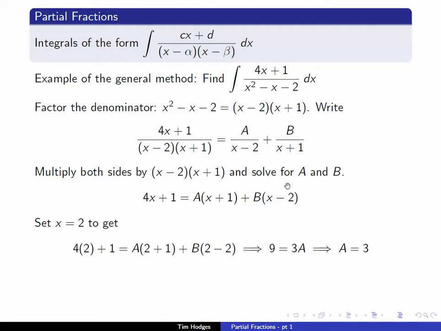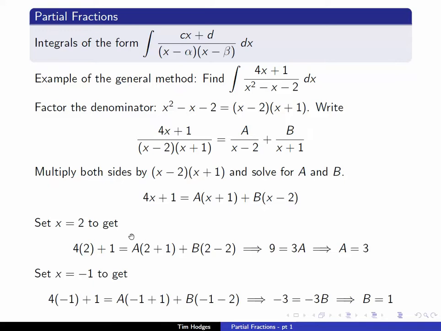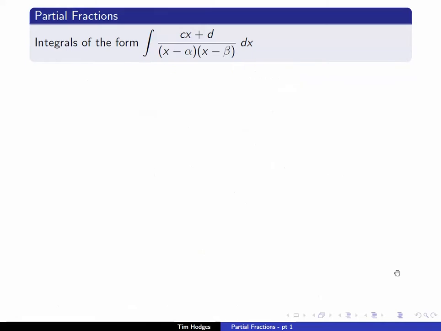And the way we chose our value for x was to make this term 0. To make this term 0, we should choose x to be equal to minus 1. So we go ahead and substitute in x equals minus 1 into this. Now the A term disappears and we get minus 3B is equal to minus 3, so B is equal to 1.